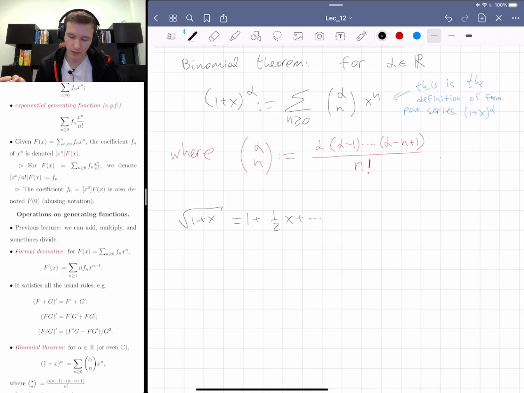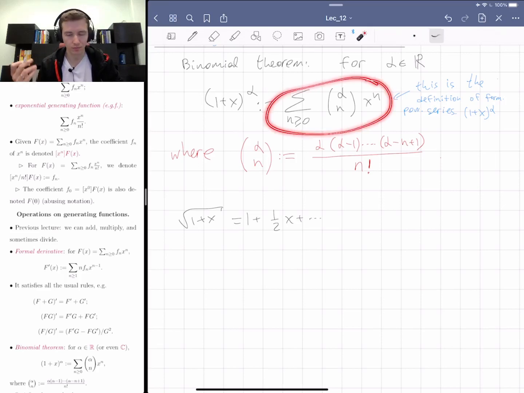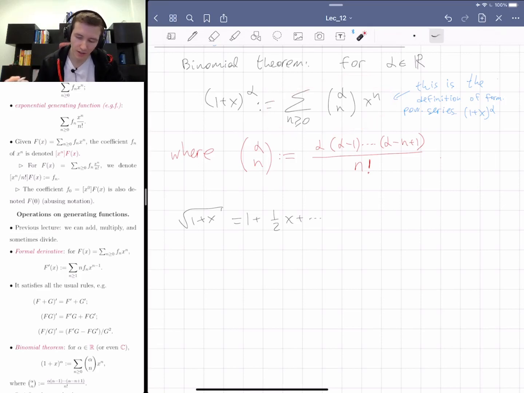So it is inspired by calculus, but because the definition is inspired by calculus, it satisfies all the usual rules of algebra.